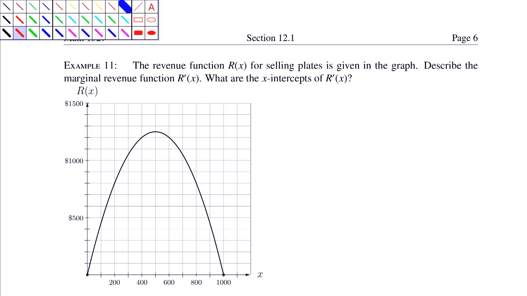So what do you know about R prime of x? Name one thing that you know about R prime of x. Maybe we could do a little graph of R prime of x. Do it right here. Name one thing you know about R prime of x.